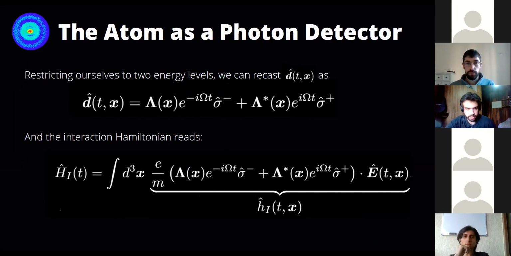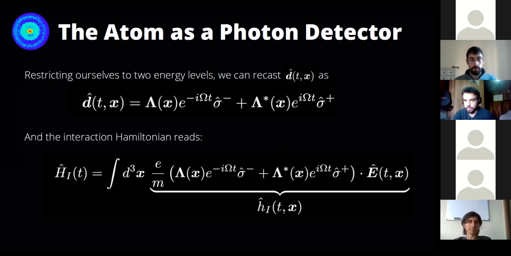And in this case, the interaction Hamiltonian can be recast as this integral over space of this Hamiltonian density, the scalar Hamiltonian density, if you will. And again, this m here should be 1, as noticed by Richard. Thanks again for that. Then we can see some features that will be present in every single particle detector model we will talk about in the future.